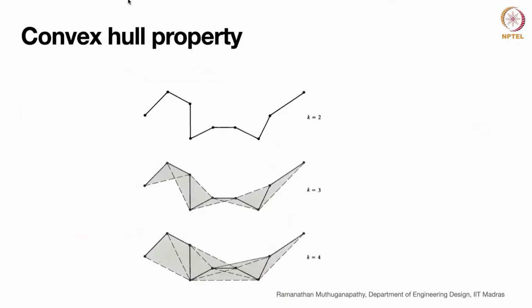Now k equals 3. What is the meaning of k equals 3? If I go to a simpler case with 4 points, what does k equals 3 mean? These first 3 points have a convex hull, isn't it? Okay, you can see this is the convex hull.